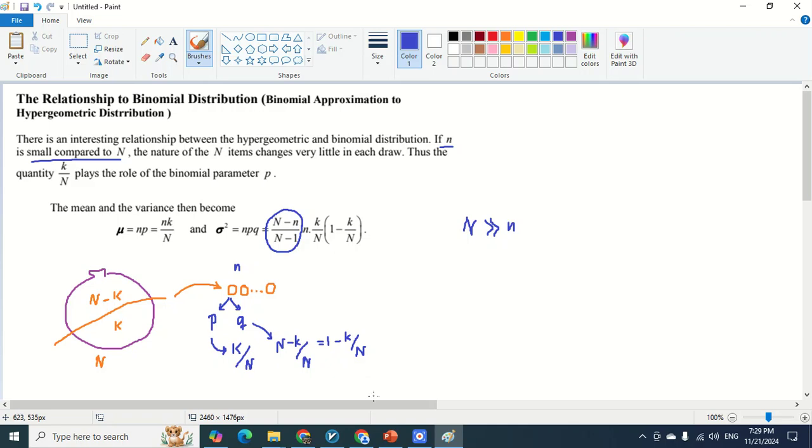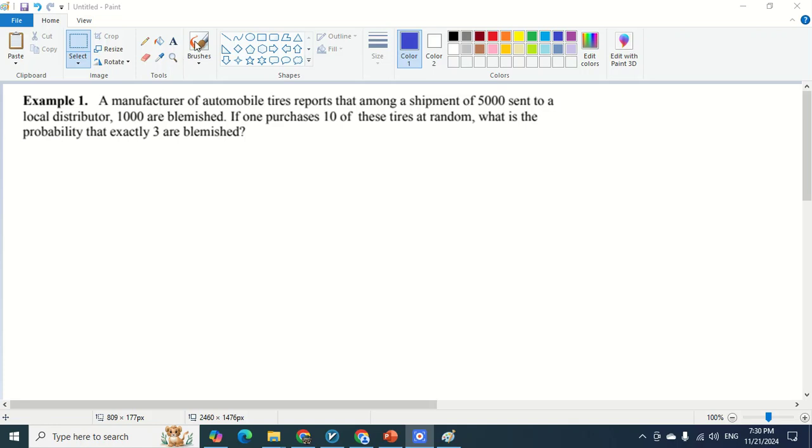So let us take a look at one example to see how we can approximate this value. Here we have one example about the given situation. In this example, a manufacturer of automobile tires reports that among a shipment of 5,000 tires sent to a local distributor, 1,000 are blemished.